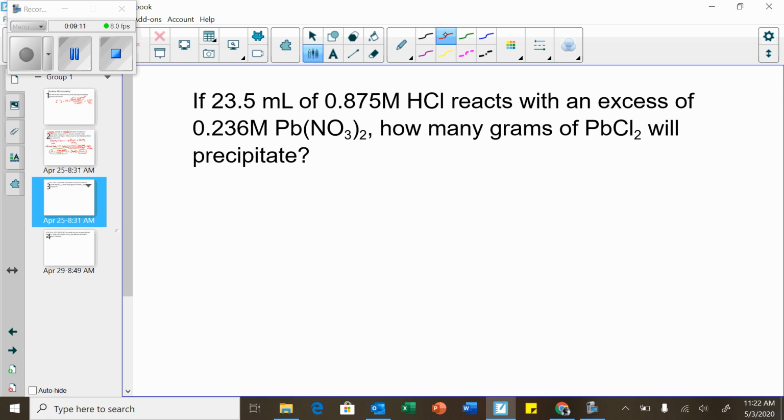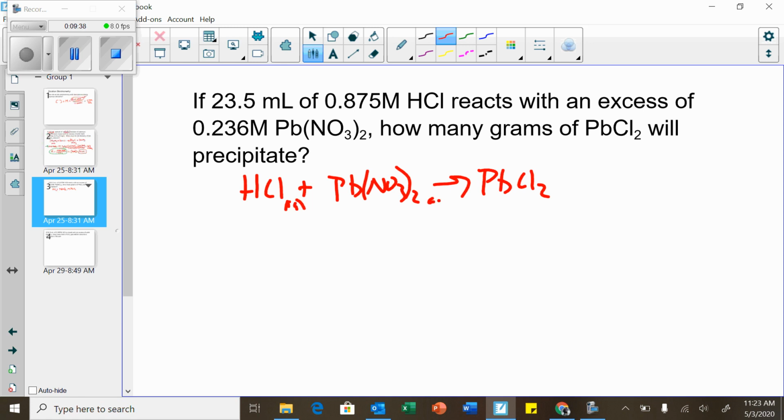First thing, we better write an equation for our reaction. So HCl is reacting with lead nitrate. So I have HCl, and it's reacting with Pb(NO3)2 and it's going to form PbCl2, another partner swap reaction here. This guy's aqueous.